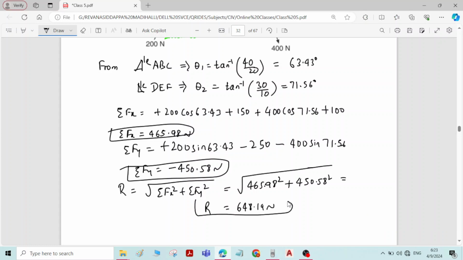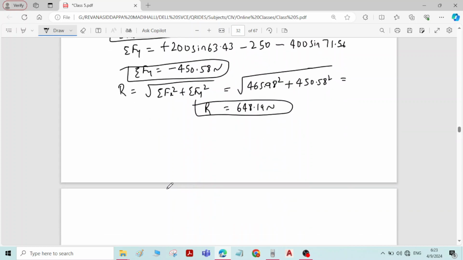The angle theta is equal to tan inverse of sigma Fy by sigma Fx. Theta is the inclination of the resultant force. Tan inverse of sigma Fy, which is minus 450.58, divided by 465.98.